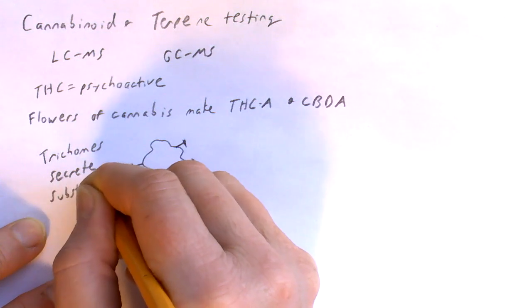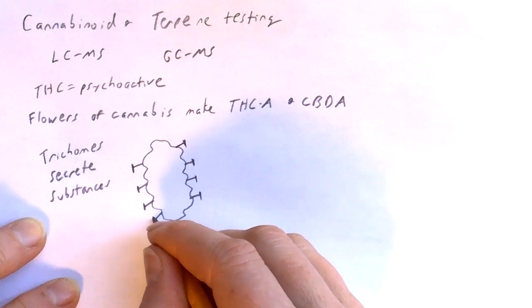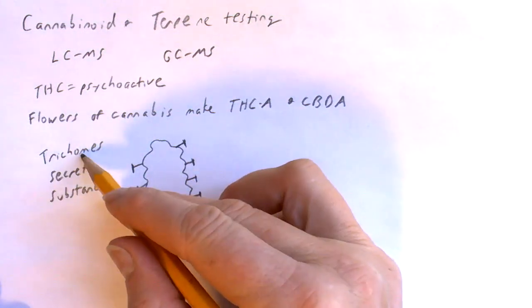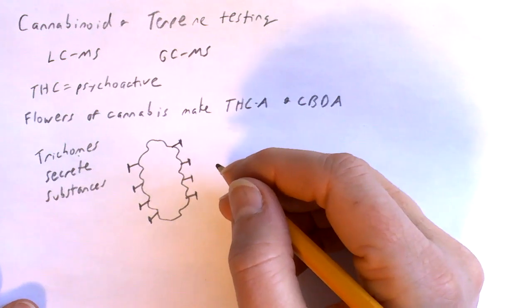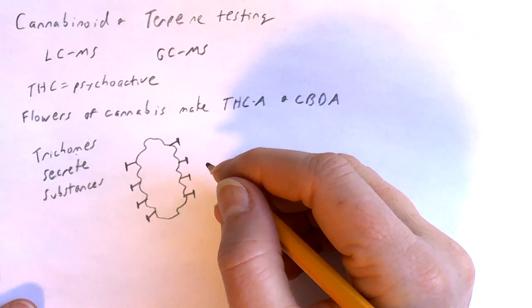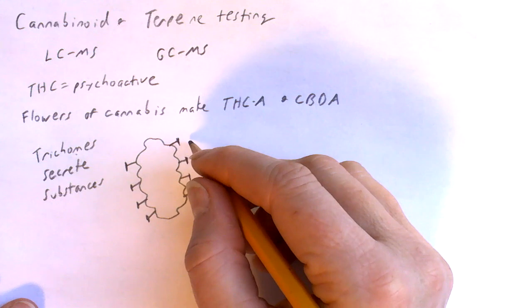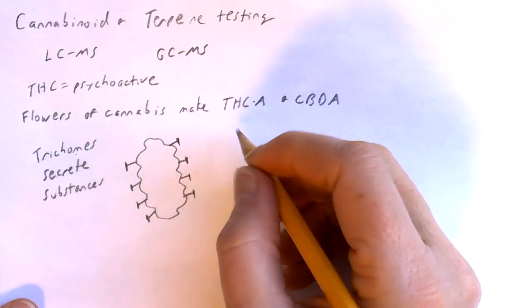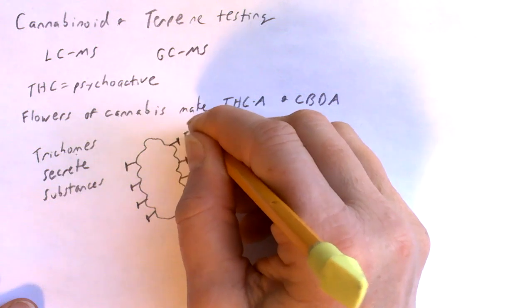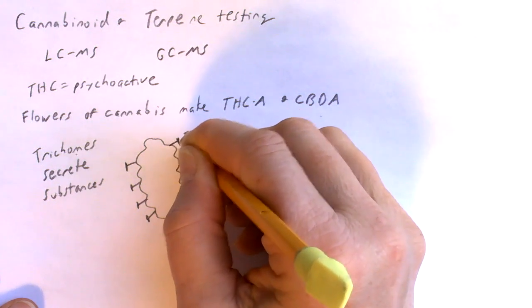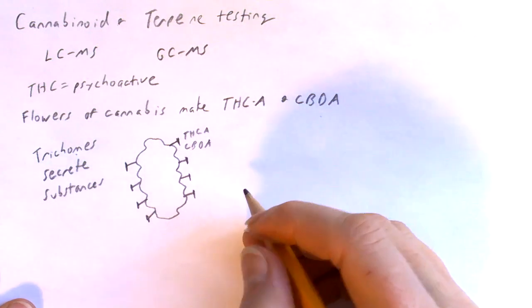And so if you've ever held a tomato plant and touched it, it kind of releases this smell. That's coming off of the trichomes, really similarly to the way that cannabis trichomes work. So these little trichomes are where the THCA and CBDA are made, and they're secreted a little bit.